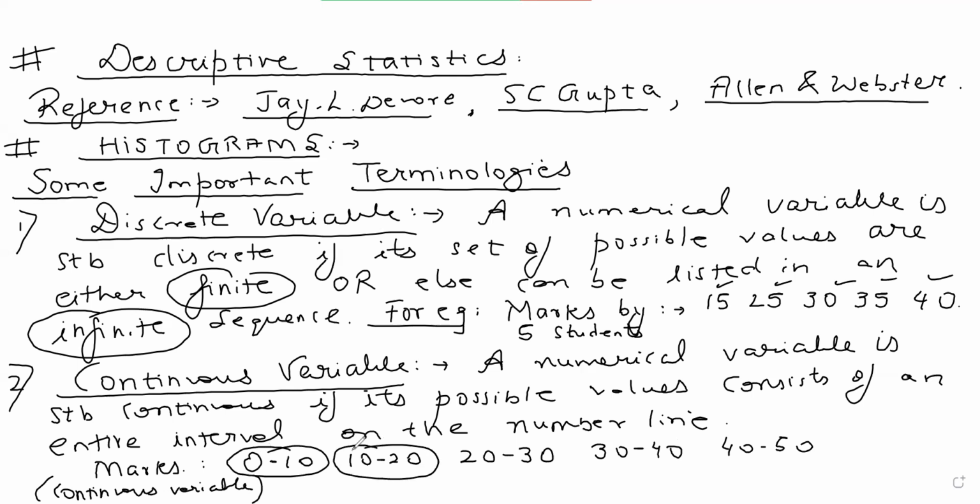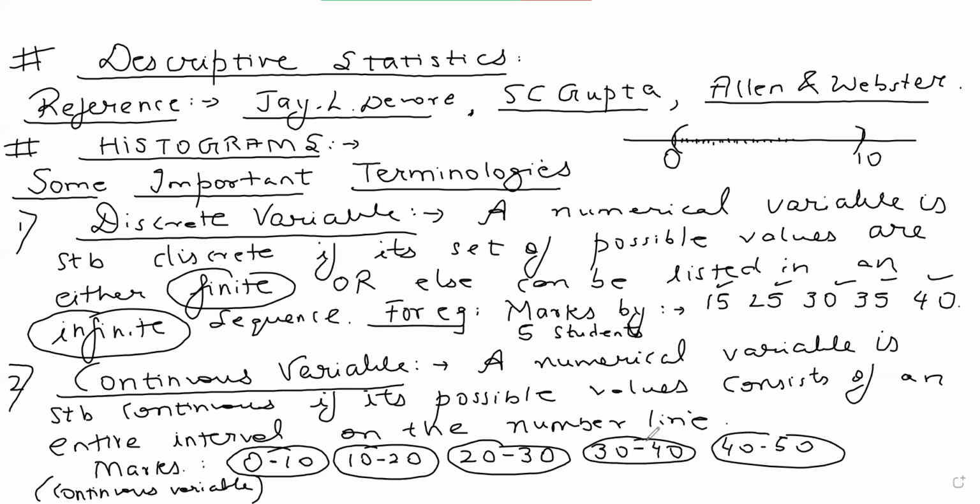Between 10 to 20, we again have infinite real numbers. I can break down the interval into infinite points. I can't count them. Similarly, 20 to 30, 30 to 40, 40 to 50. So in the second case, marks is now a continuous variable because it takes values in an interval and you cannot count them. In the first case, marks by 5 students is a discrete variable because it's taking fixed values which are finite.